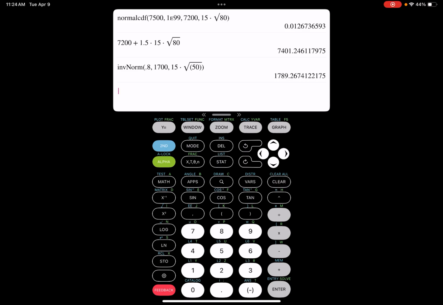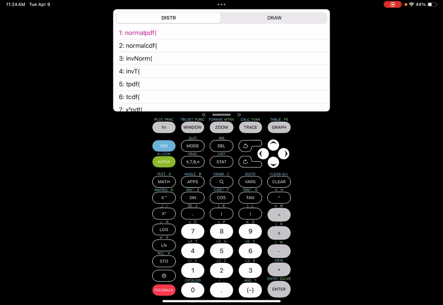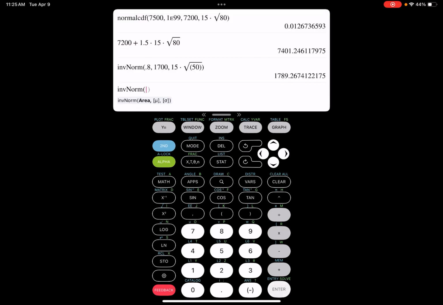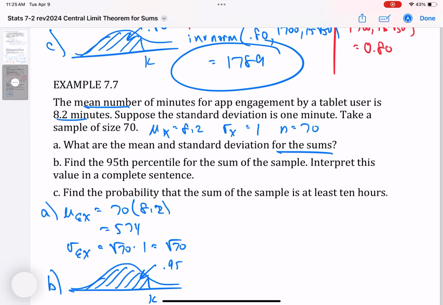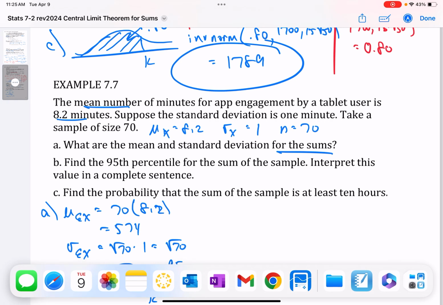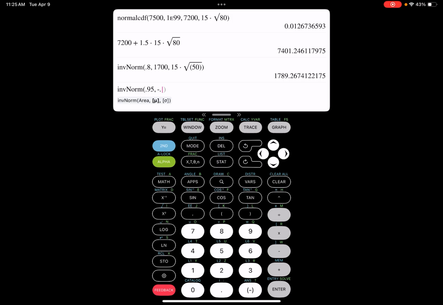So I'm going to inverse norm again. Hopefully you are doing this as I do it as well and figuring these things out. So 0.95, 574, and square root 70.